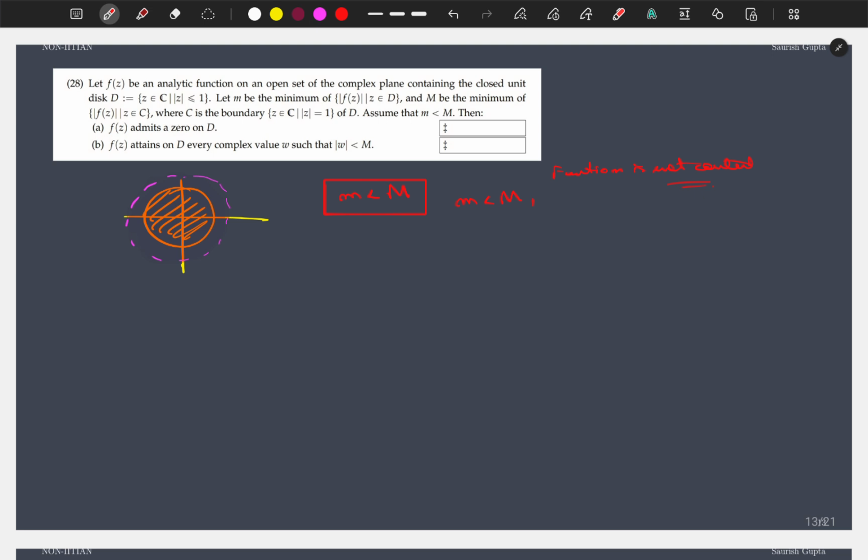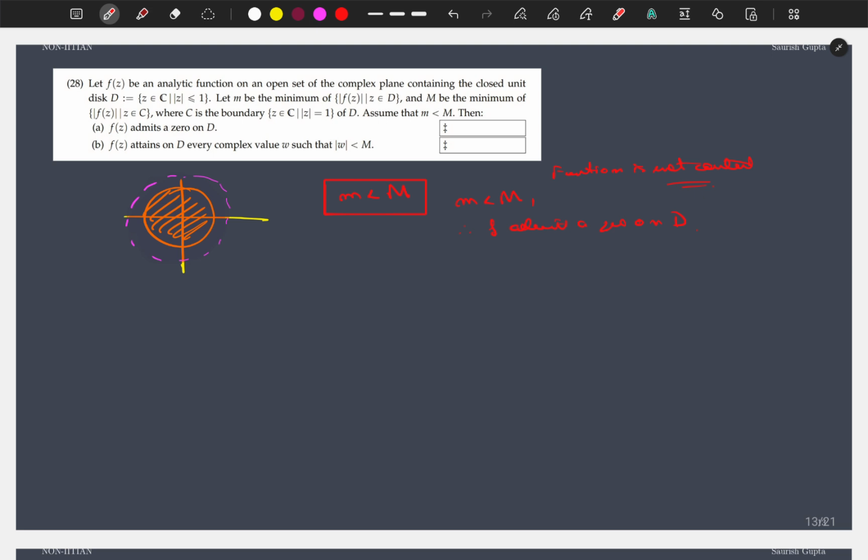Either the function has to be 0 at some point within the region of analyticity, or it must be constant. It's not constant by the given hypothesis, so it must have a 0, right? So therefore f admits a 0 on D.